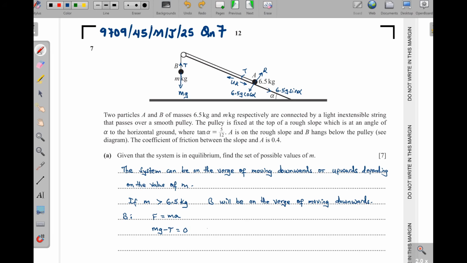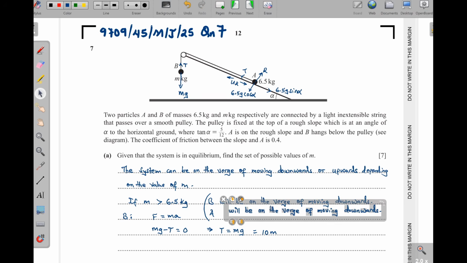So in other words, this implies that T is equal to mg, and you know g is taken to be 10, so this will be equal to 10m. Now here B will be on the verge of moving downwards, then A will be on the verge of moving upwards. So let me just take this one here and duplicate it, then I write upwards here.